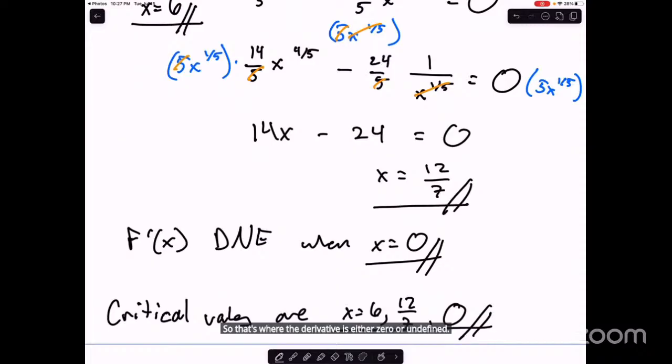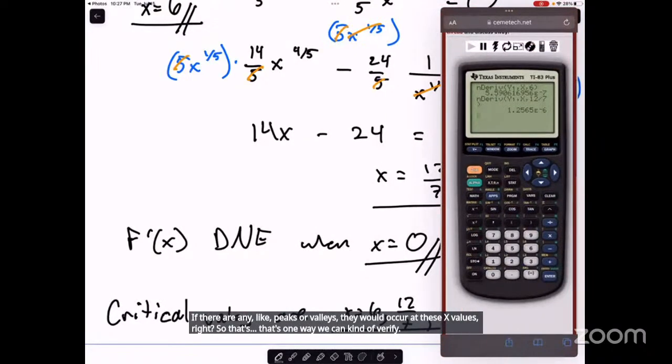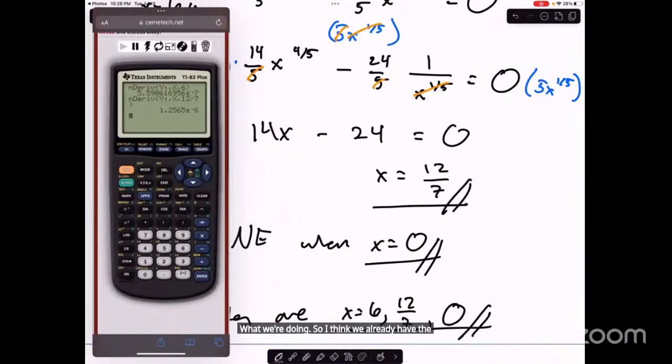So if we look at the original function when x is either 6, 12 over 7, or 0, any peaks or valleys would occur at these x values, right? So that's one way we can verify what we're doing. I think we already have the original in there.